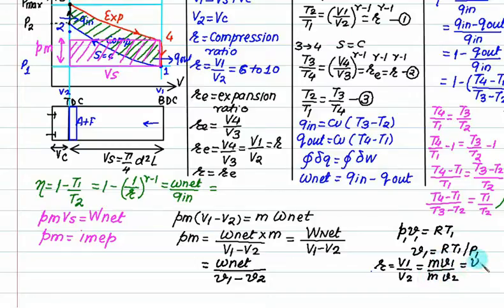So we can calculate the specific volume from V1 by dividing by R. In either case, we calculate Pm using this equation, or you can calculate Pm using this equation.